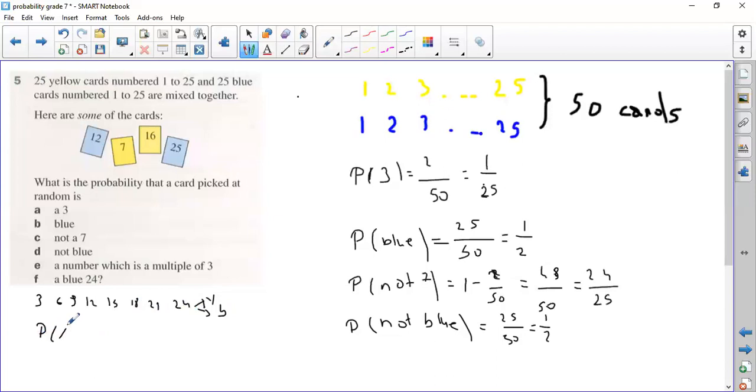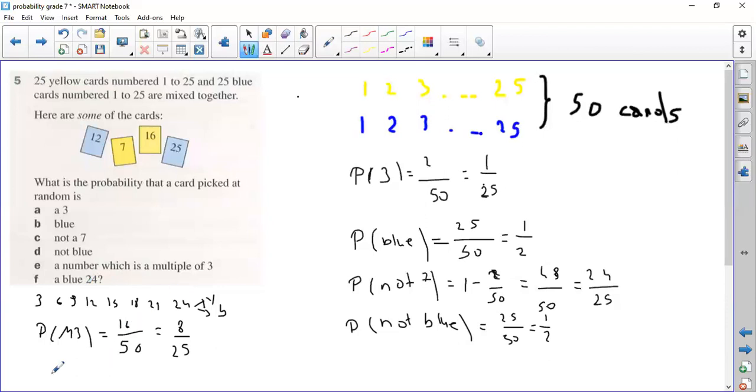So the probability of a multiple of 3 will be 16 over 50. Again, you can simplify with 2. It will be 8 over 25. Now, a blue 24.